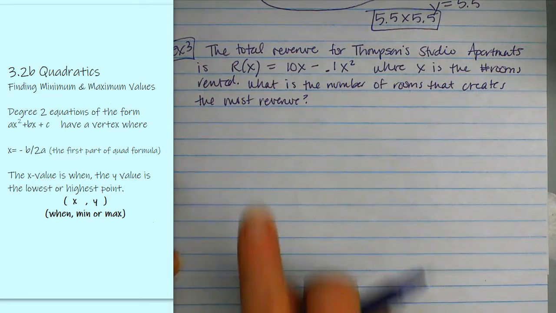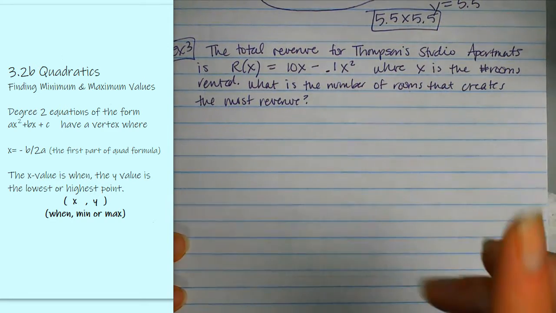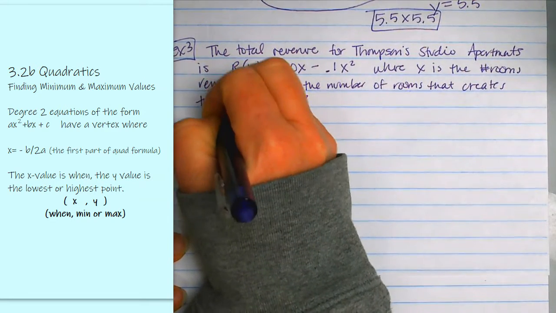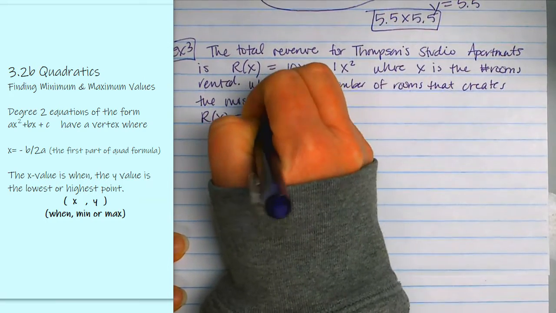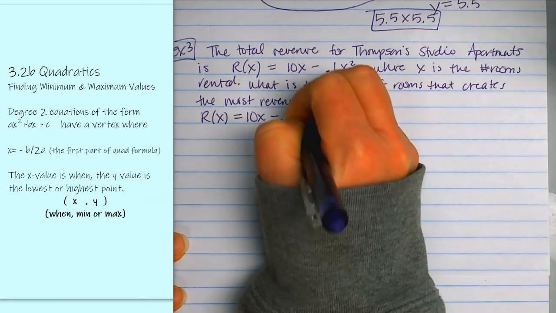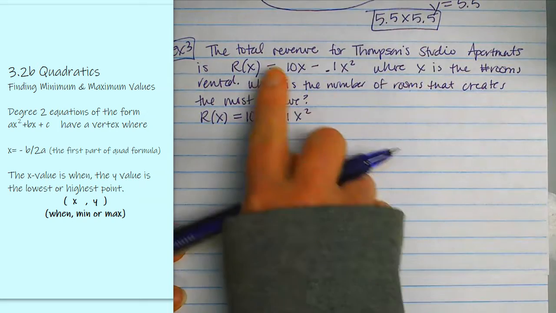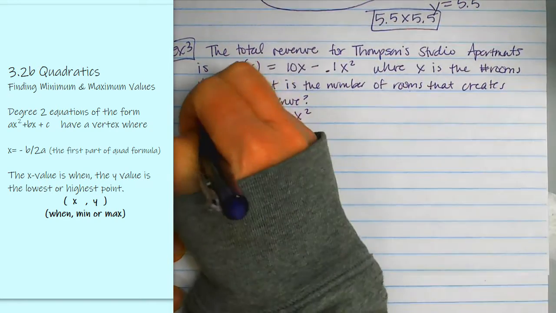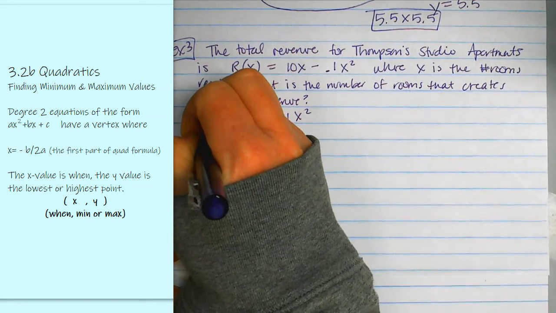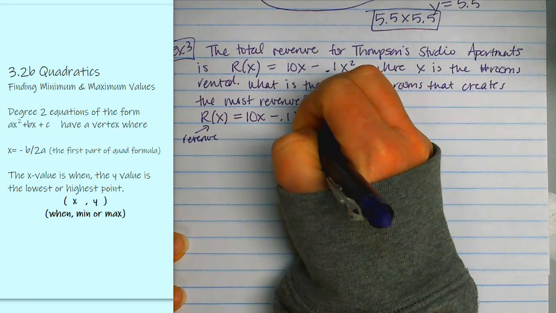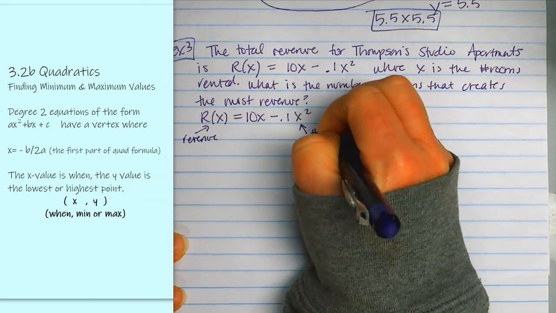Okay, we're back. So this would be what you'd see in the book. You write down on your paper the equation. R of x equals 10x minus 0.1x squared. You should write down the total revenue. This is revenue. You should write this. And then they tell you that x means number of rooms.